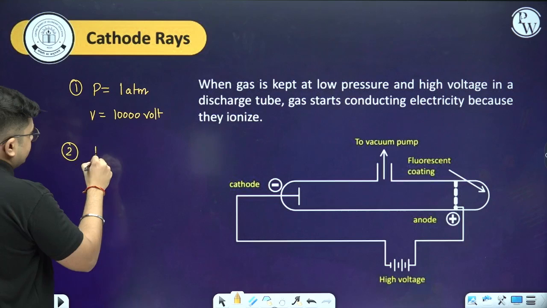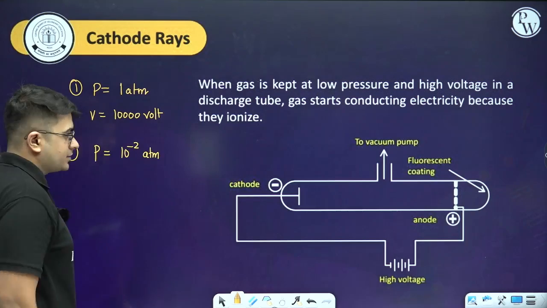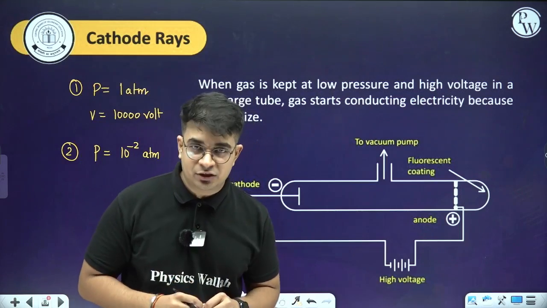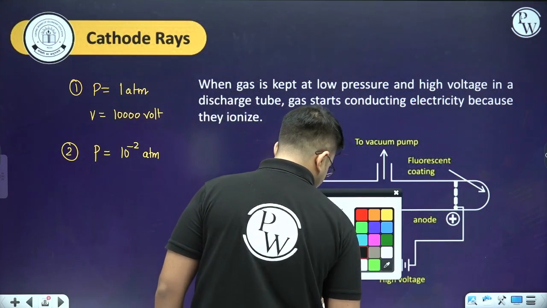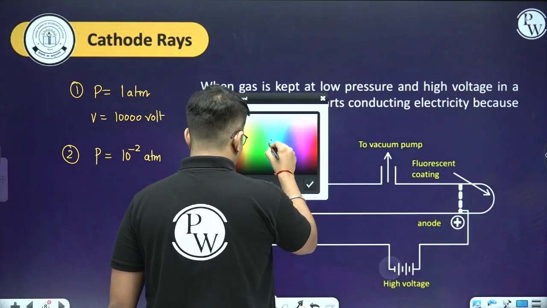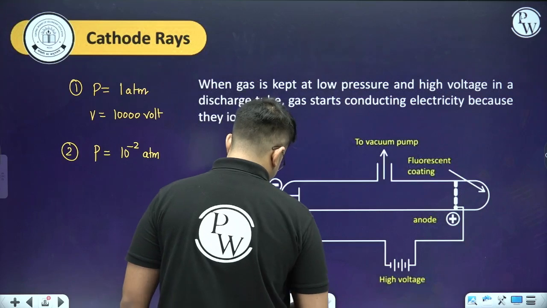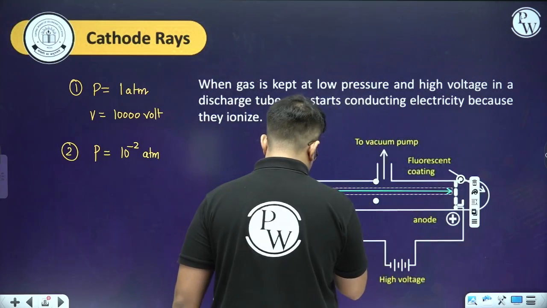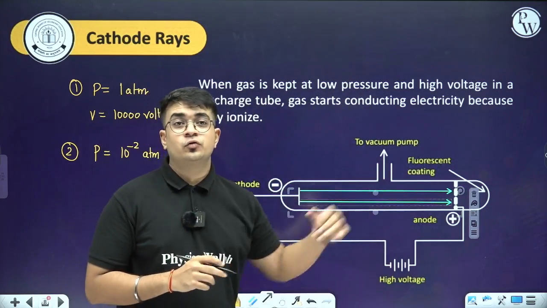Then in the second case, he took the pressure as 10 raised to the power minus 2 atm and the voltage the same. Now he saw certain radiations emitting which were glowing in nature. He saw some glowing color which is moving in one direction.